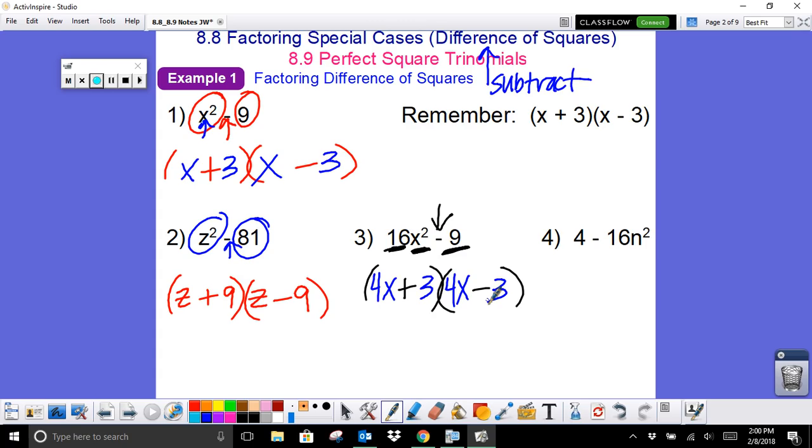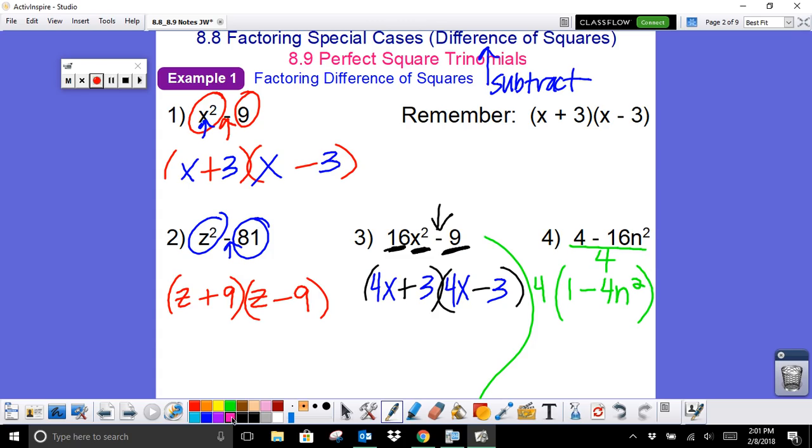All right, number 4. Remember, we have to check for a GCF. Is there a GCF? Yes, there is. 4 goes into both of these. So I have to take a 4 out first, and then I have to write down what's left. So 4 divided by 4 is 1, minus 16 divided by 4 is 4n squared.